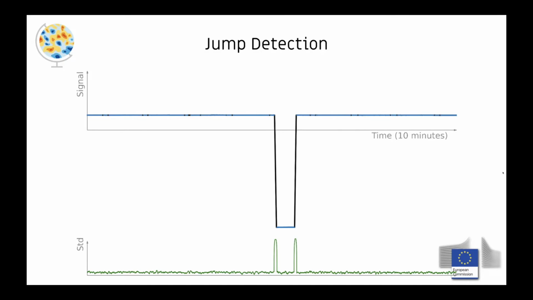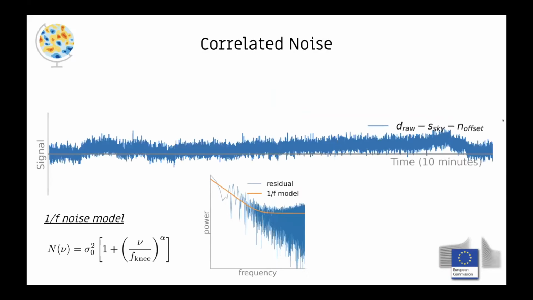We define a threshold, and wherever the standard deviation exceeds this threshold, we mark those positions as jump positions. Then we can average all these offsets and subtract them from the data, and we want to achieve a residual which looks white.